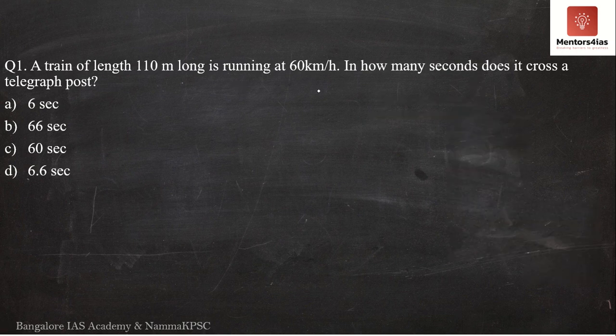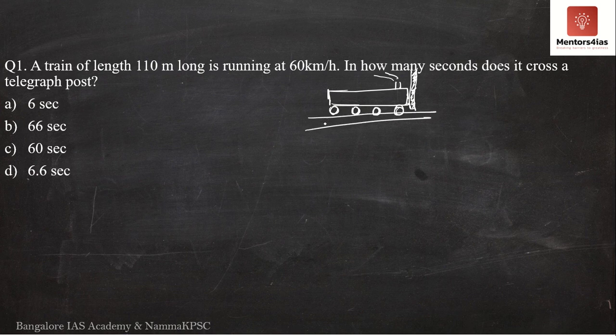Okay, so here we have a train, and here we have a telegraph post. The length of the train is 110 meters and it is moving in this direction at a speed of 60 kilometers per hour. So in how many seconds does it cross the telegraph post?